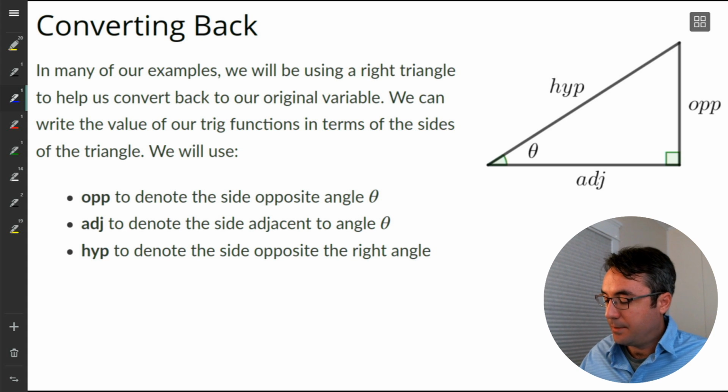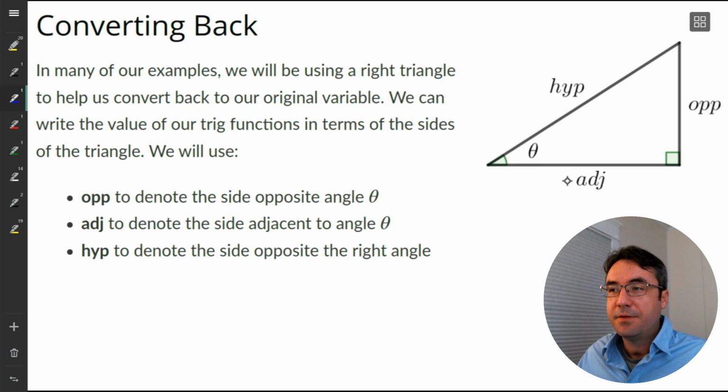And we're going to talk about the sides of the triangle. The opposite side is the side of our triangle that's opposite angle theta. The adjacent side is the side next to angle theta. And the hypotenuse is the side that's opposite the right angle.